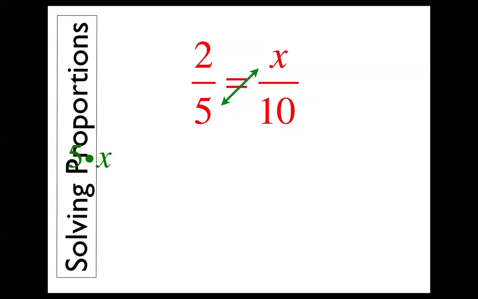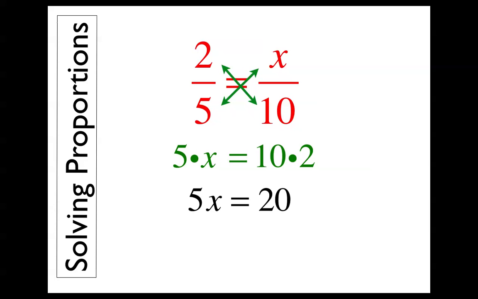Well, I could do a cross product here and get 5 times x, and a cross product there and get 10 times 2, and those things should be equal, so 5x should equal 20, or 5 times x should equal 20, and the only thing you can multiply by 5 to get 20 is 4, so x must equal 4. So yay for cross products, they can help us solve proportion problems.